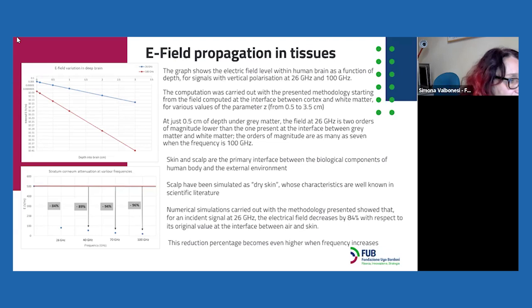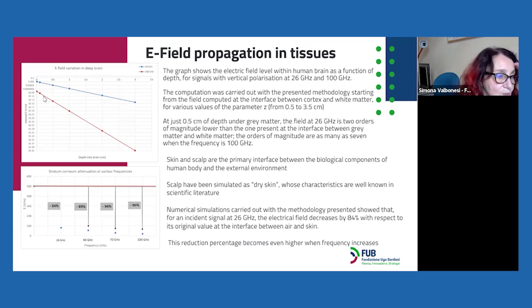The first graph on the left shows the electric field within the human brain as a function of depth, the parameter d in the equation, for the signal at 26 gigahertz and 100 gigahertz.